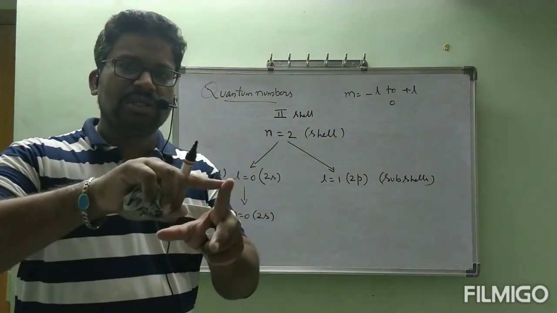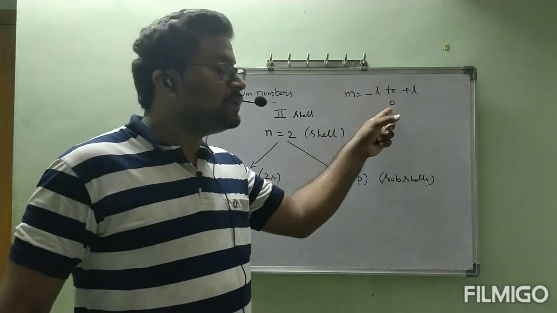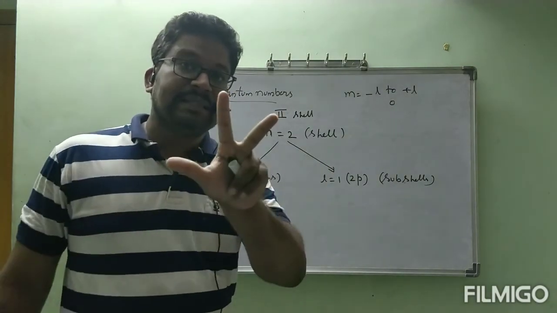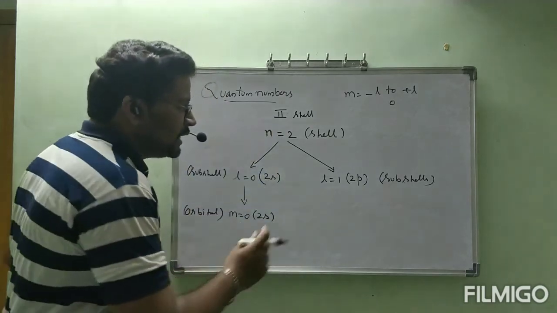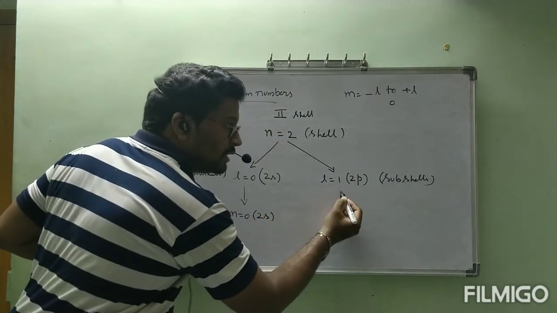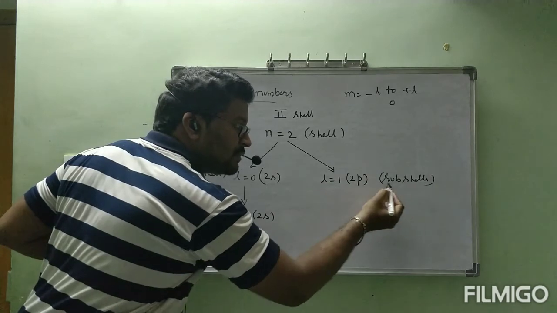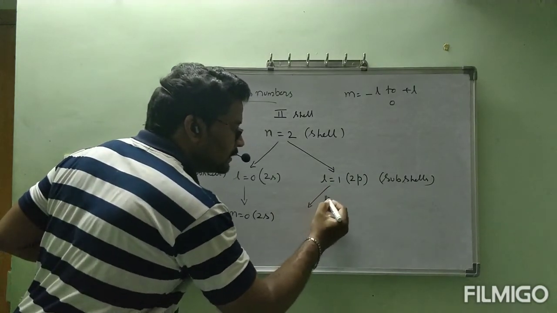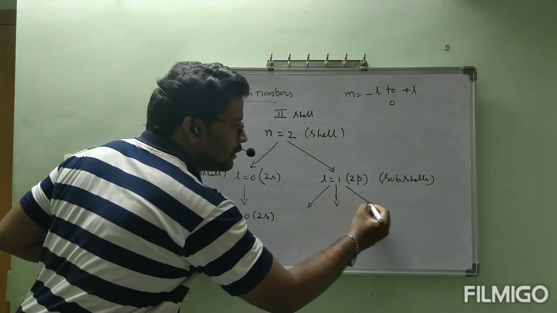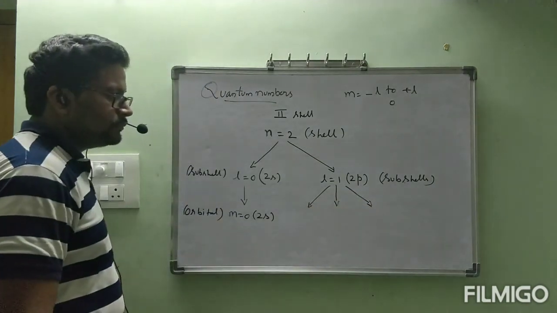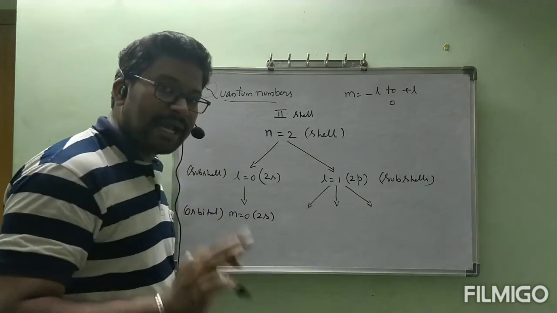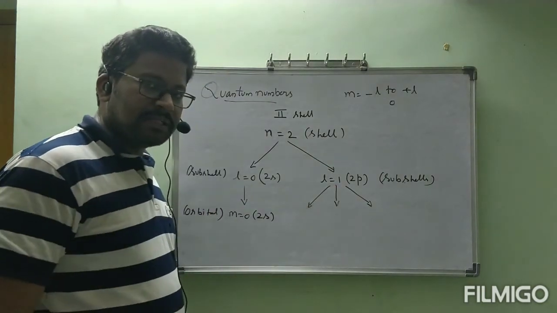Minus 1, 0, plus 1, because they told including 0 also. So 3 are possible. The l is equal to 1 subshell, that is 2p, has 3 orbitals.